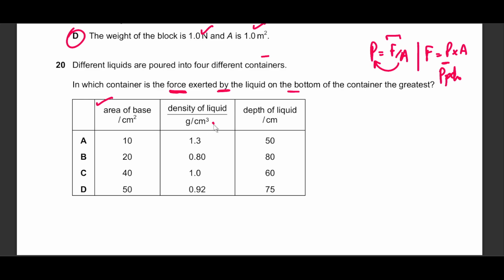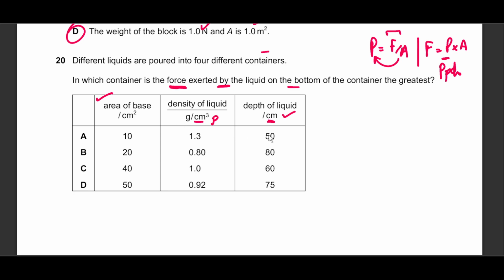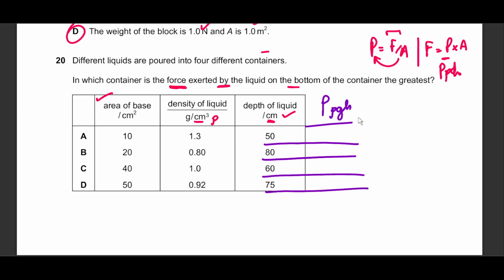So density as rho is given, g is 9.8, h is given in centimeters. The density is also in centimeters. We don't need to convert the height into the usual meters. So if I want to calculate the pressure, that is rho g h in this column for all the situations, this will simply be 1.3 multiplied by 9.8 multiplied by 50.